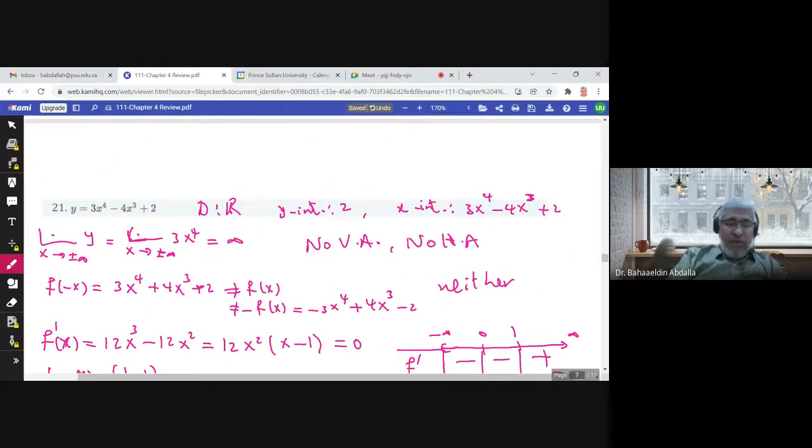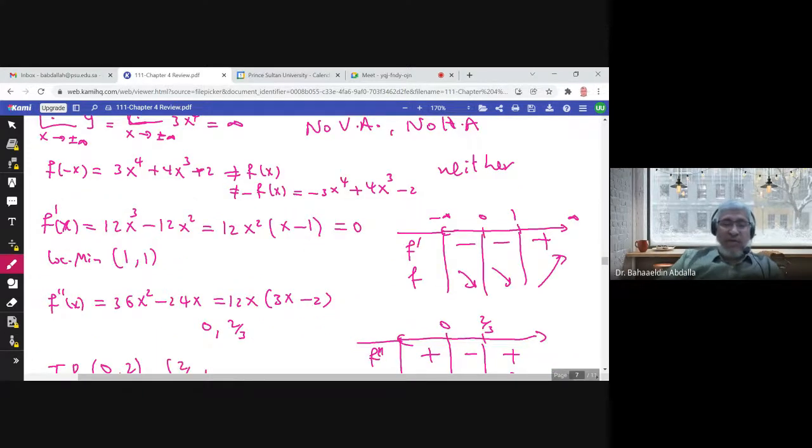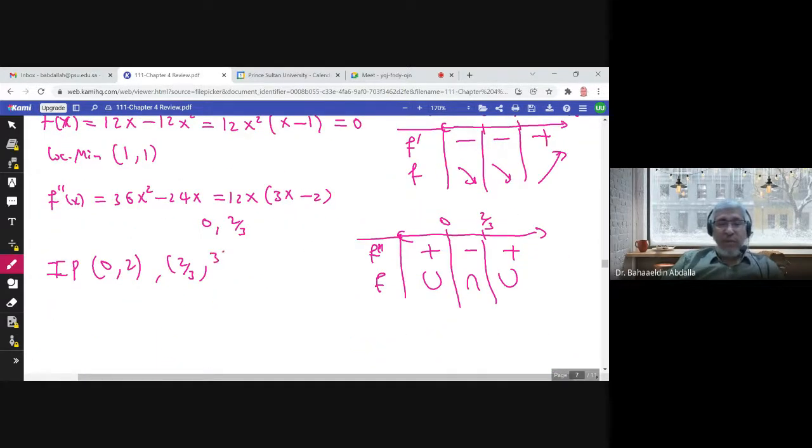And f of 2 over 3 is 3 times 2 over 3 to the power 4 minus 4 times 2 over 3 to the power 3 plus 2. And that's 38 over 27, which is approximately 1.4.